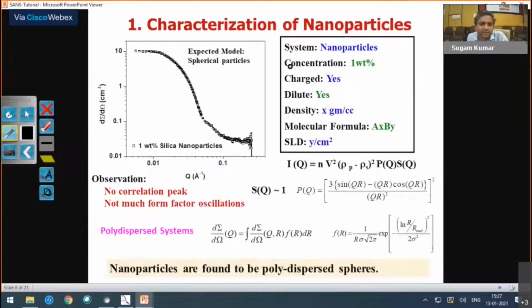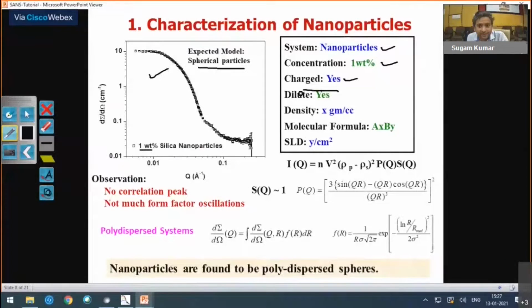So when we measure silica nanoparticles, we will get this kind of scattering profile. What information do we already have? These are nanoparticle systems, so obviously we expect these may be spherical particles. The concentration we know: these are 1 weight% silica nanoparticles. Are they charged? Yes. But is the system dilute?